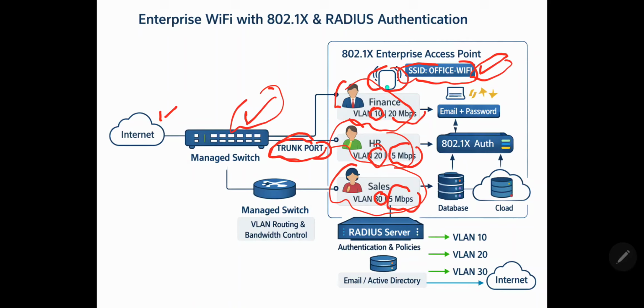User authentication, 802.1X. When a user connects, they need to enter their email and password. The access point sends this information to the authentication system.